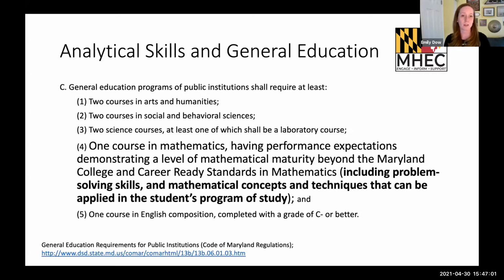So what this did is it expanded that general education mathematics requirement to go above and beyond that traditional algebra calculus route and think about things like quantitative reasoning. And so this is one step forward about how we can talk about inclusivity of data science and data analytics within the curriculum. Next slide, please.